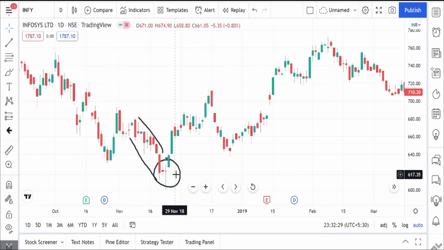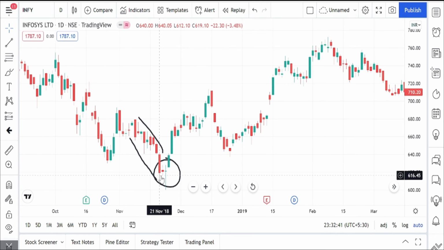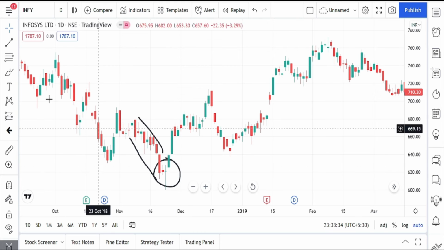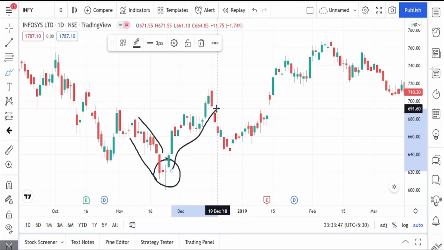Now if we analyze this pattern at this price point, the previous couple of days were in a downtrend, which indicates that bears are in absolute control of the Infosys stock, and this price point looks more lucrative. So buyers entered at this price point, and from here, in the next trading sessions, the stock moved upside, correct?